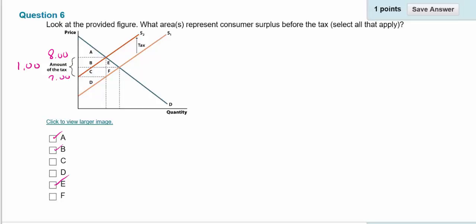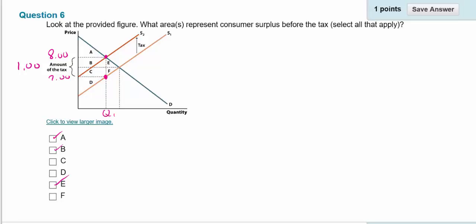Okay, that's right here. But the reality is that suppliers are not supplying a whole lot, and they're not receiving the $8. They're receiving $7. And so the quantity that they're supplying is the second dot here. I don't want to label it, but basically that's our Q1.